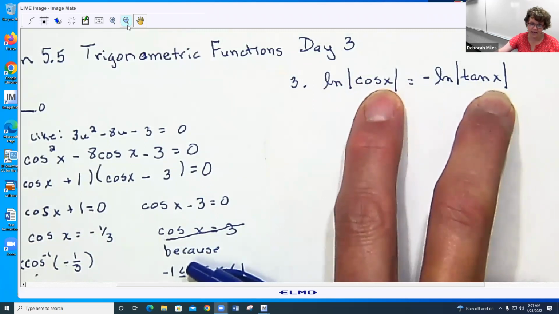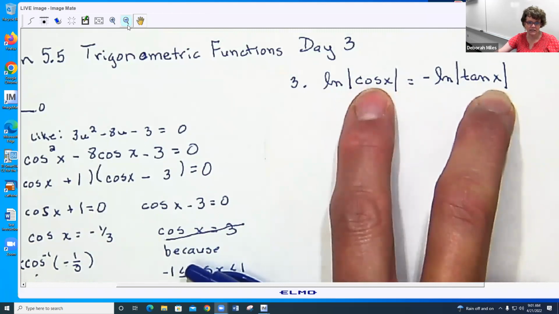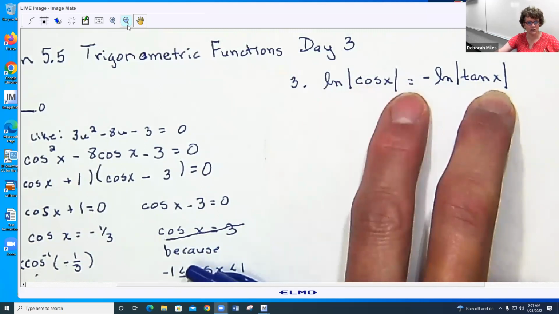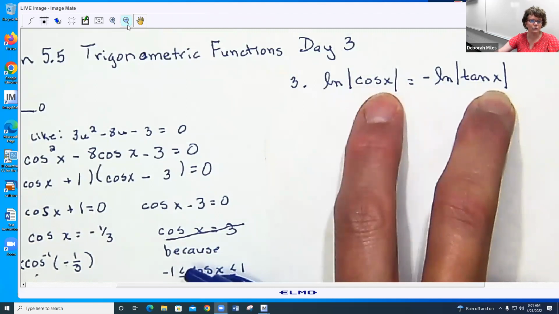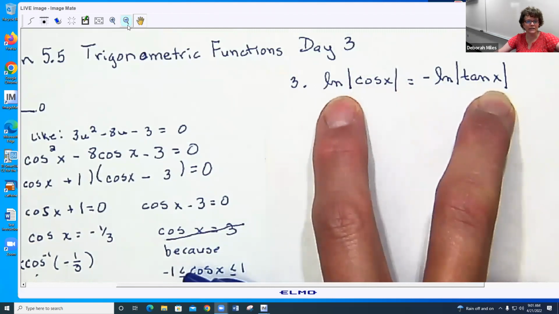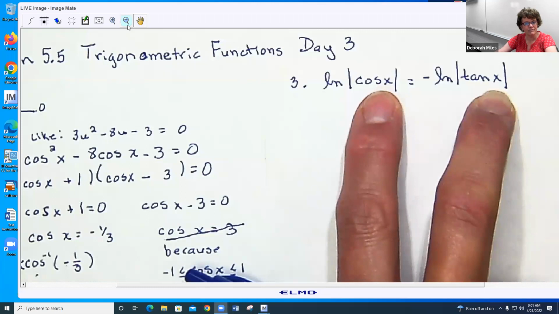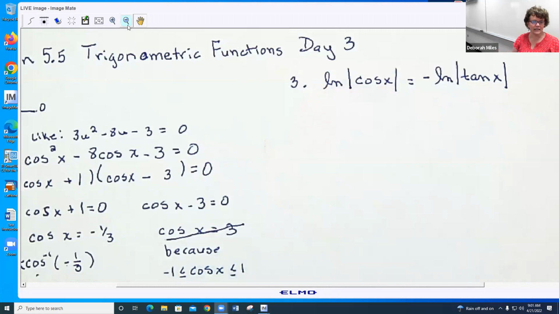Nothing we can do about that. If cosine of x is 0, then there's just not going to be a solution. But the absolute value lets me use numbers that cause cosine to be negative, and yet I can still take the logarithm. Any ideas?